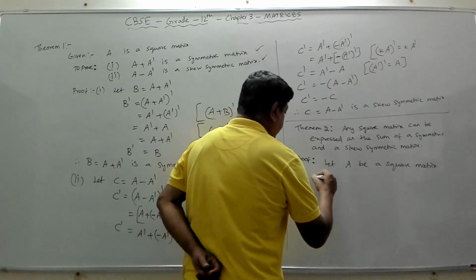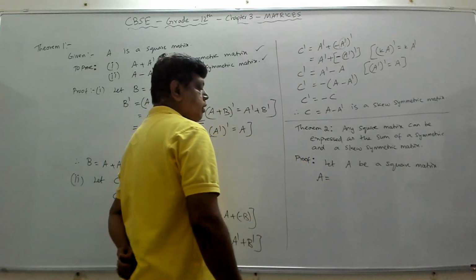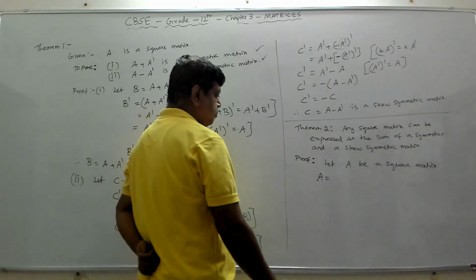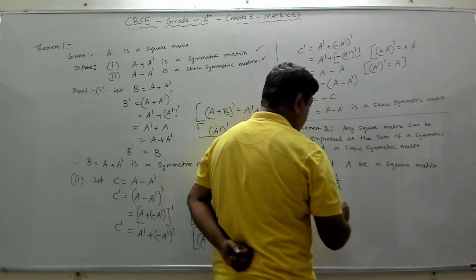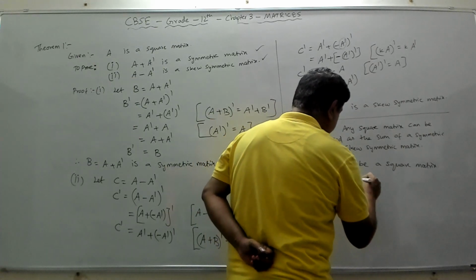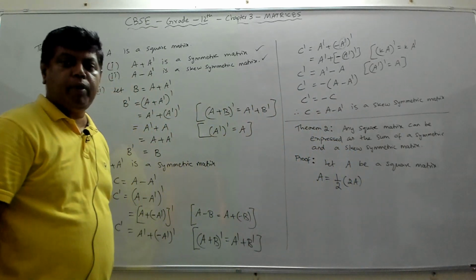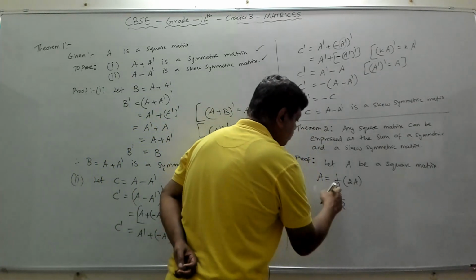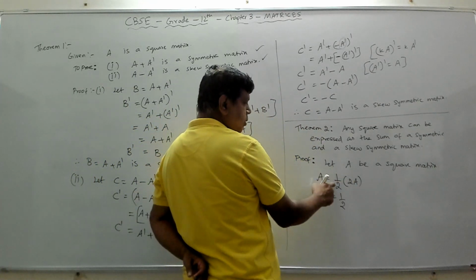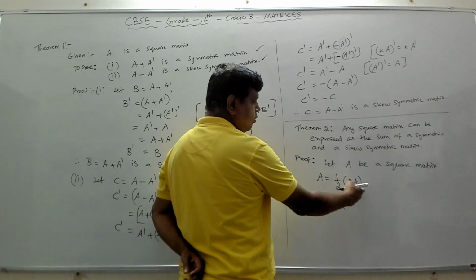Then we can write A as 1 by 2 of 2A. That is equal to, because the 2 and 1 by 2 get cancelled, you get back the A.